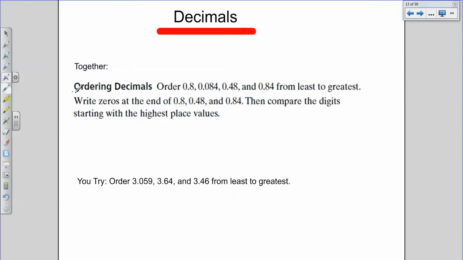And our last thing that we're going to look at is ordering decimals. When we're ordering decimals, it's always important that we read the directions. So I want to go from least to greatest. So when I compare my numbers, I look at my tenths spot first.